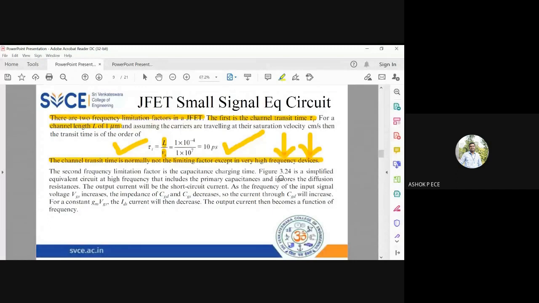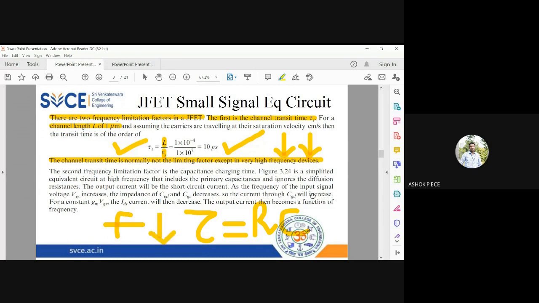That is called the time constant tau. We have seen in yesterday's class, the time constant tau is going to be R into C. Whenever the capacitance value is very high, then the charging time and discharging time are also very high. This will significantly reduce the high frequency operation of your device.